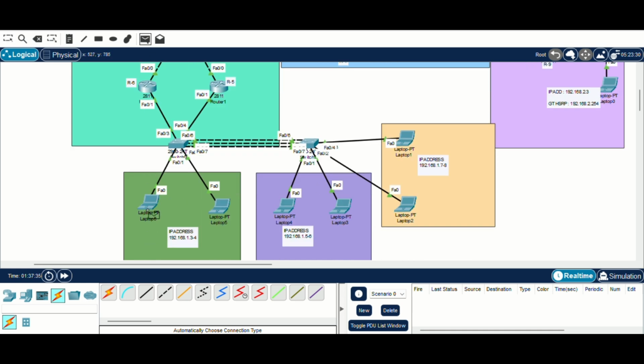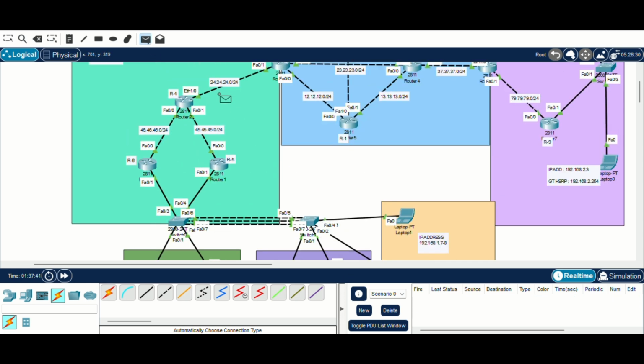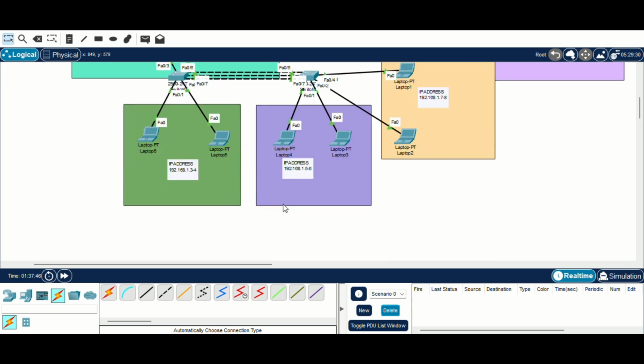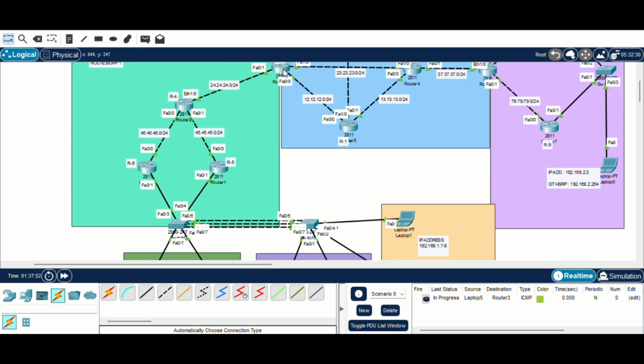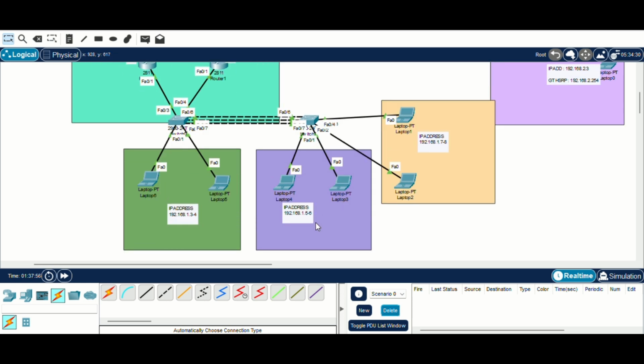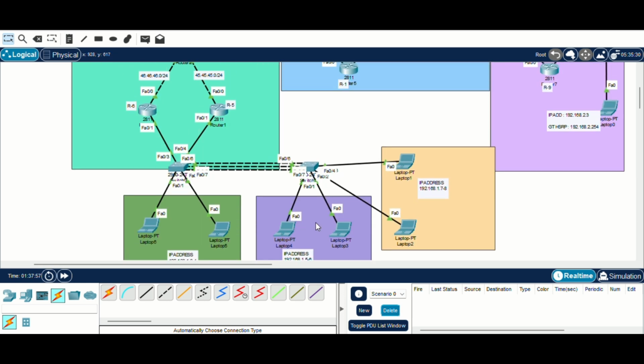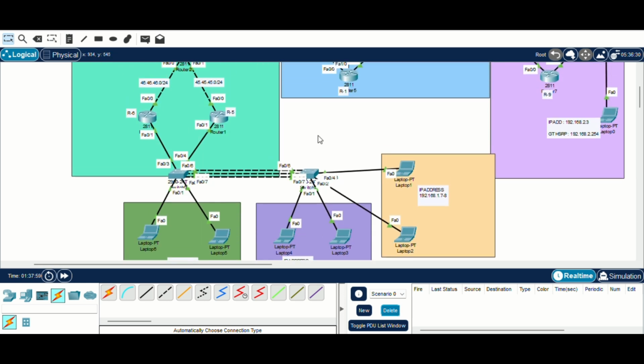Okay, so this should be successful. Can try here. Yes, and then there's the access list.